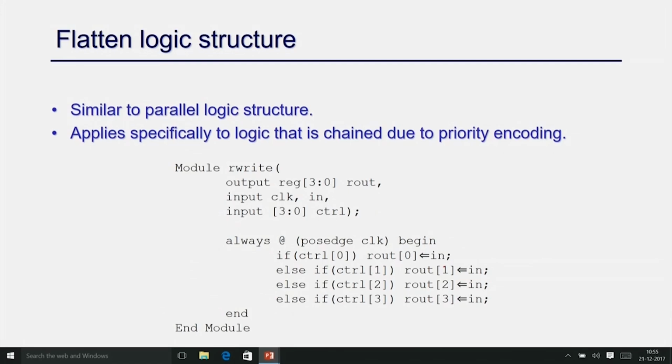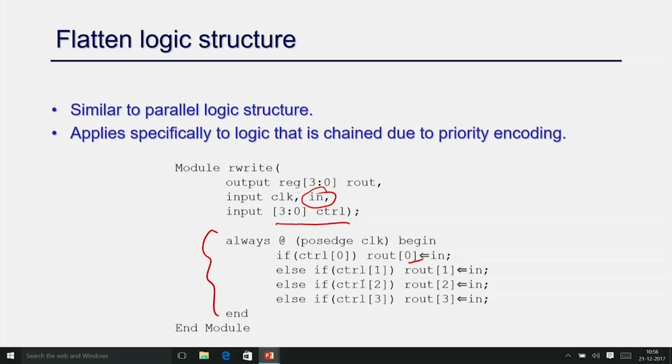The next technique I am going to discuss is the flattened logic structure. Again, sometimes you write something without understanding how it will finally be implemented in hardware. Let us take an example like this, where you just write an if on control. So, you have a 4 bit control input, and you are setting some register bits based on this, right. If control bit 0 is 1, then your input, which is 1 bit, is stored to the 0th bit of R out.